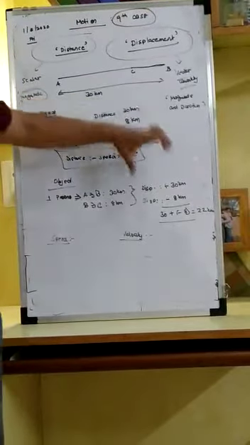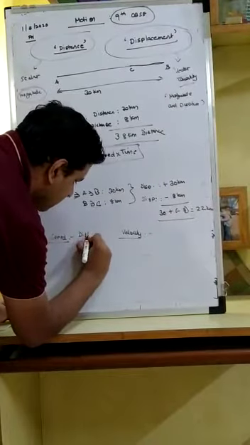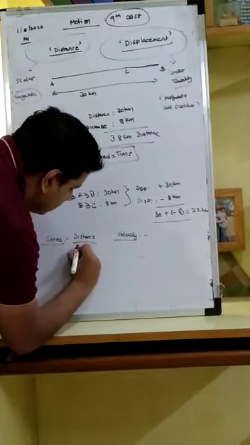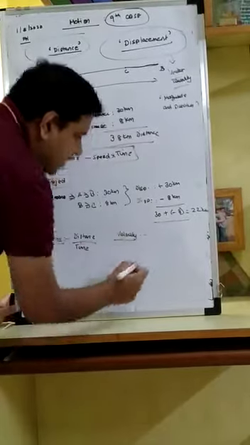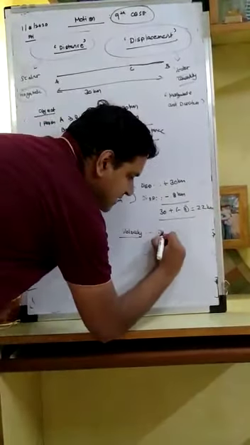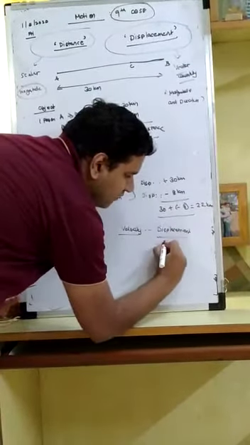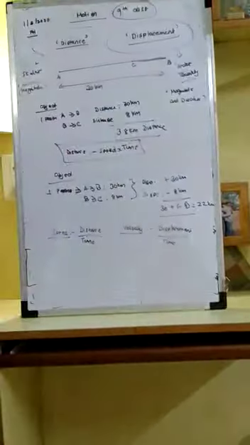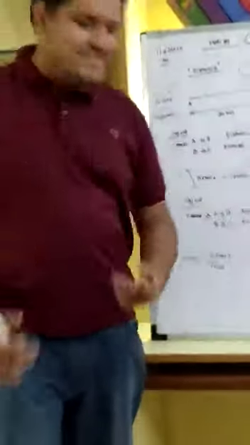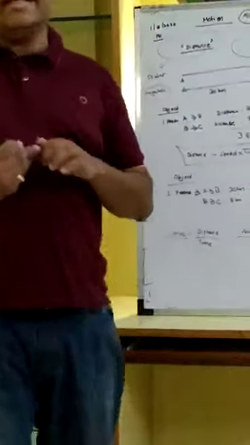It is distance is equal to speed into time. So I can write speed as distance upon time. Velocity, guys, is a slight variation. It is nothing but displacement upon time. So obviously it follows that speed is a scalar while velocity is a vector.